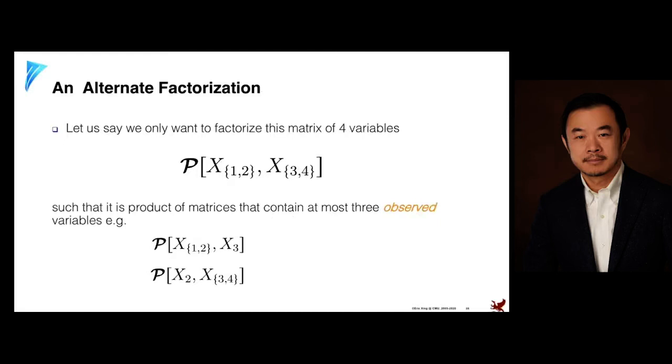Okay. All right. So imagine that, again, we began with this full matrix. And there are a couple of observed matrices of a subset of random variables, which are smaller, say 3 random variables. Let's look at these 2.